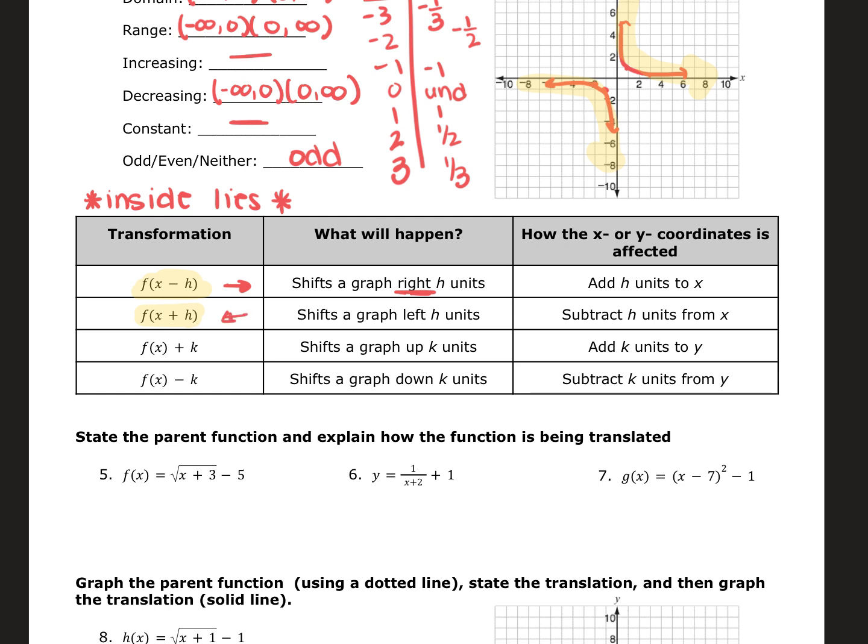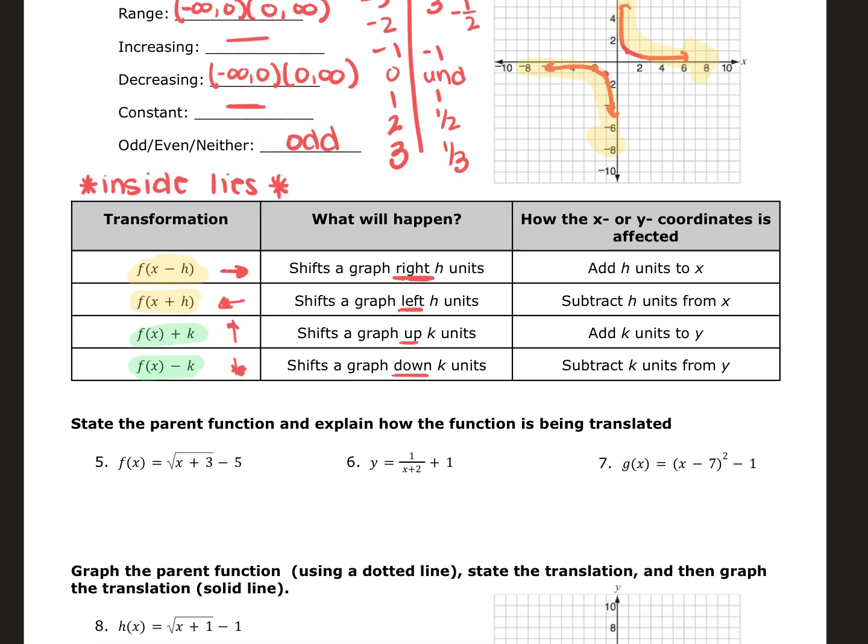So I'm actually going to go to the left, whatever number's there. Now, when it's happening outside the function, so that k value is happening outside the function, that's going to tell me up or down, and it's exactly what I would think. So if it's plus k, I'm going up that value. If it's minus k, I'm going down that value.